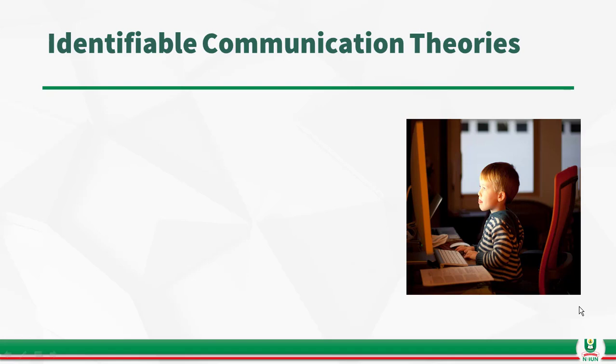The first one that we are going to discuss is communication accommodation theory, and the second one will be coordinated management of meaning. We also discuss the cultural approach to organization theory, and then we talk about groupthink theory.